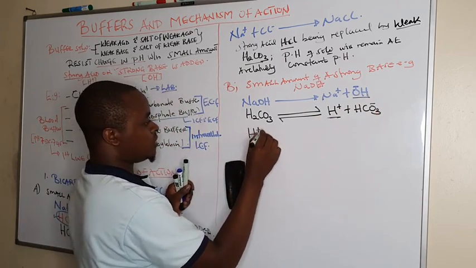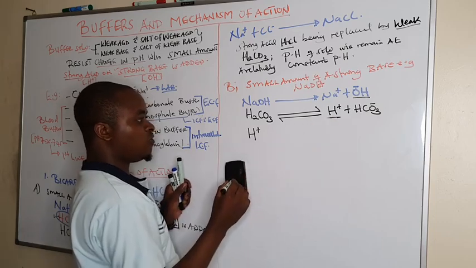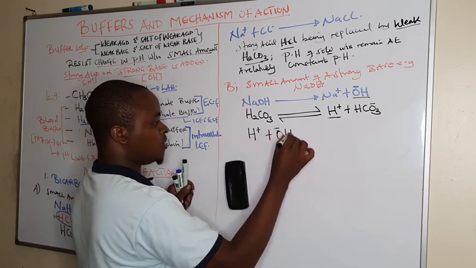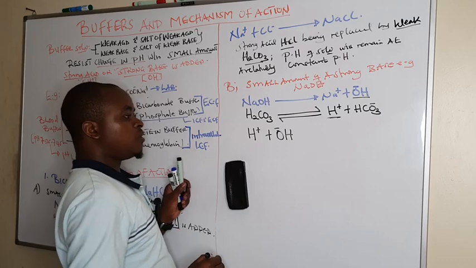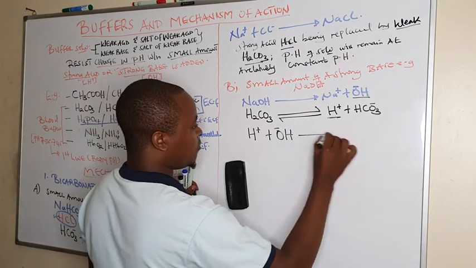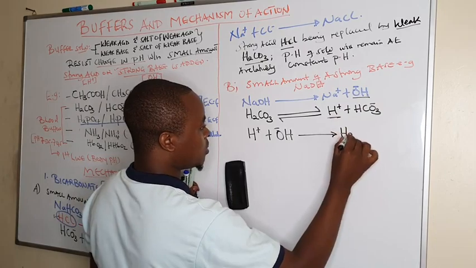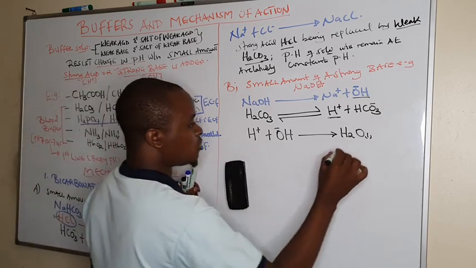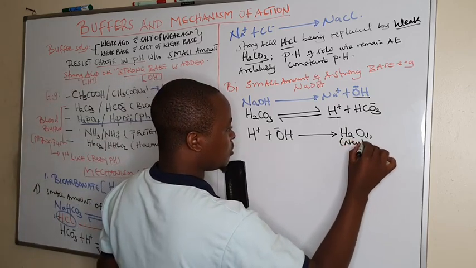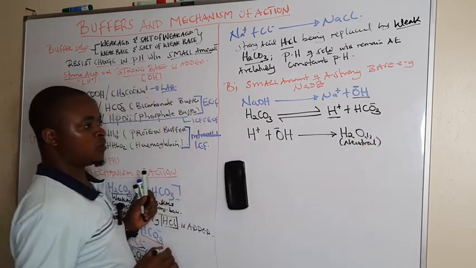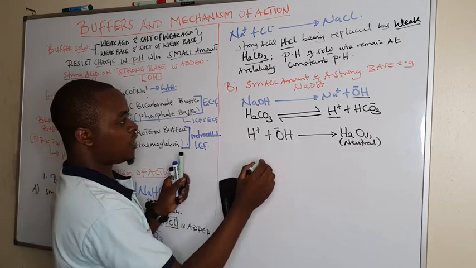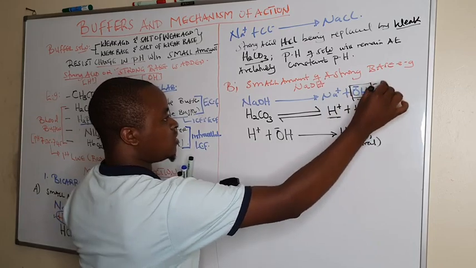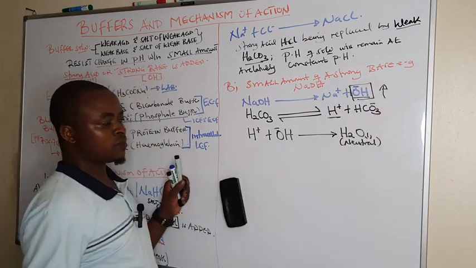So the hydrogen ions produced from the dissociation of weak carbonic acid are able to buffer this solution by donating the proton to the hydroxyl ion, forming water. And this water which is formed is neutral. So we can see that these hydroxyl ions, if they remain in solution, they will increase the pH.